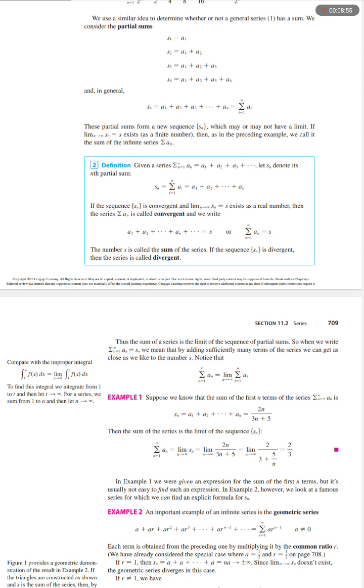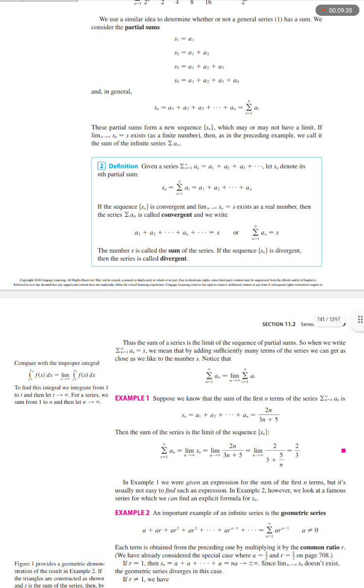Notice that the sum from n equals 1 to infinity of a_n equals the limit as n approaches infinity of the sum from i equals 1 to n of a_i.